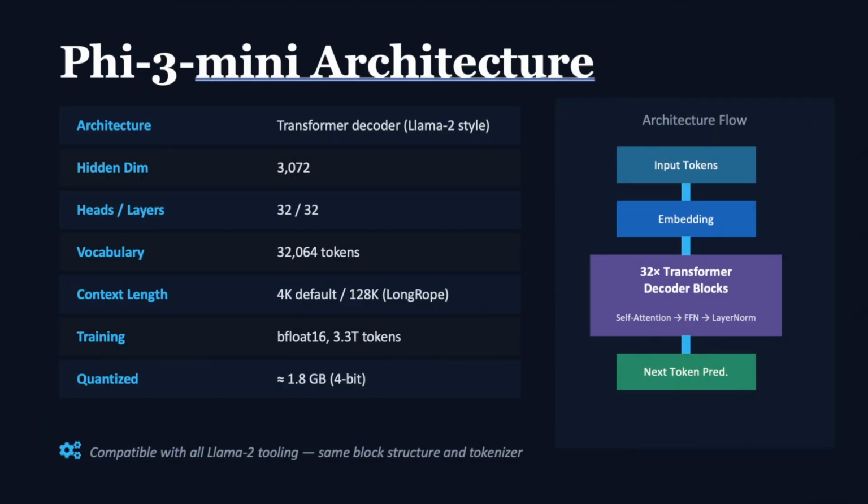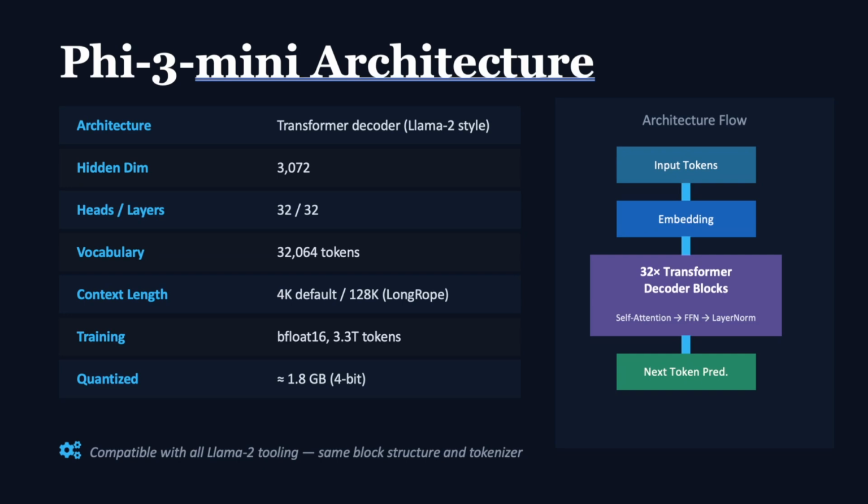One design choice that is especially worth highlighting is how practical Phi-3 Mini is from an engineering standpoint. Rather than introducing a completely new architecture, the team intentionally kept it very close to Llama 2's block structure, using the same tokenizer and the same overall layout.